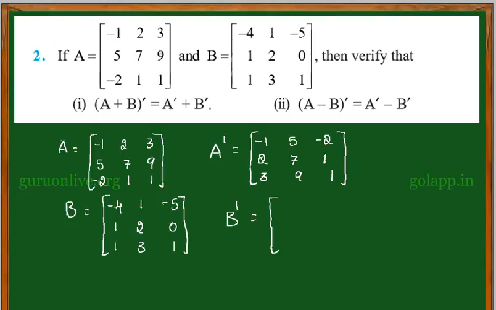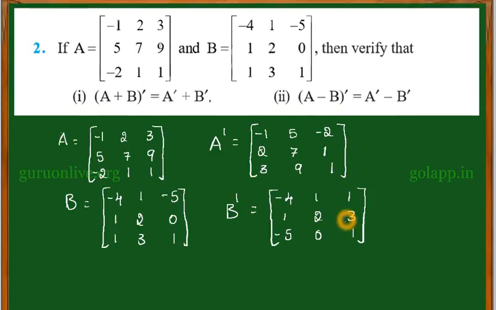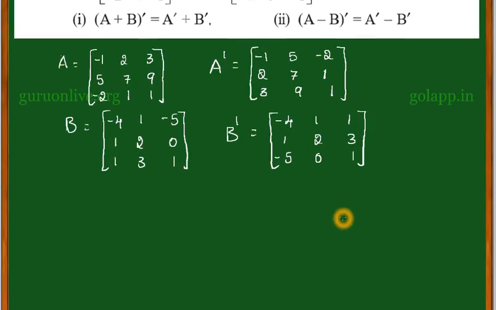The first column of B becomes the first row: minus 4, 1, 1, and second column will be your second row: 1, 2, 3, and the last column as last row: minus 5, 0, 1. So this is B transpose. So let me solve one by one.